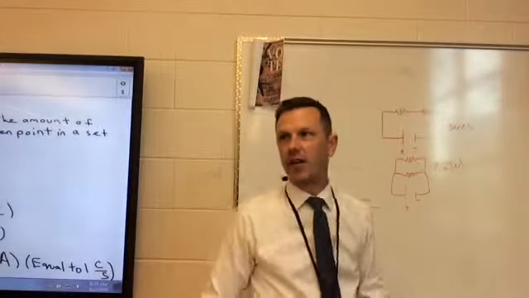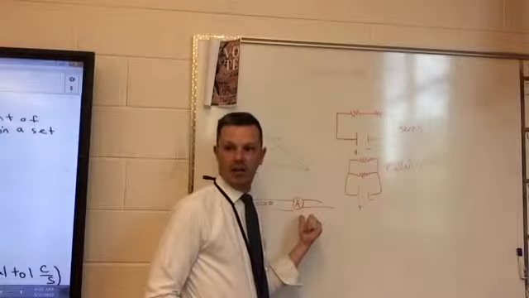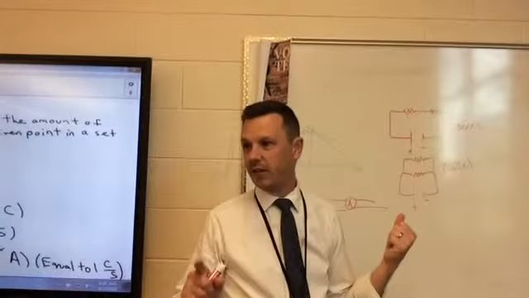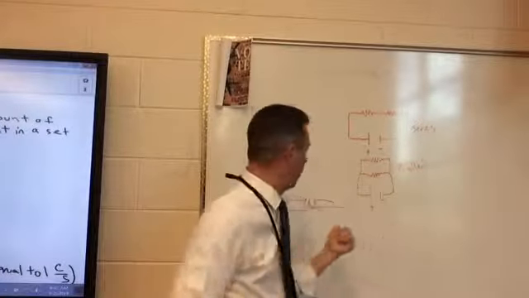Okay, so that's what we're going to do today: insert an ammeter into a series circuit, and we're going to measure the current. And I'm going to teach you how to do that.